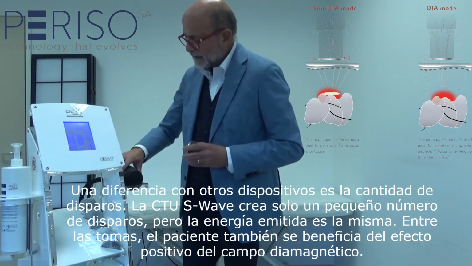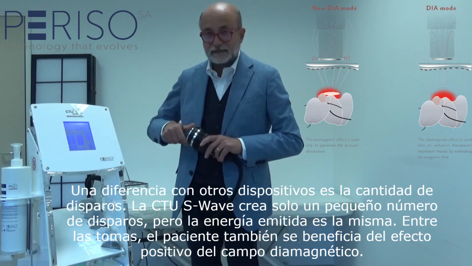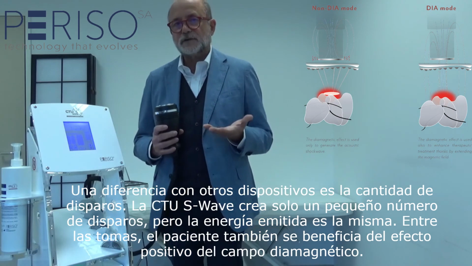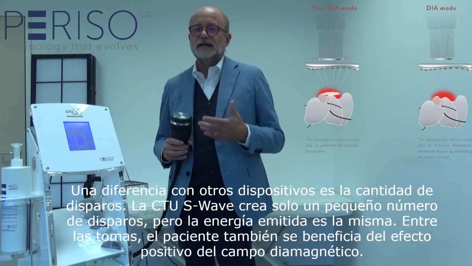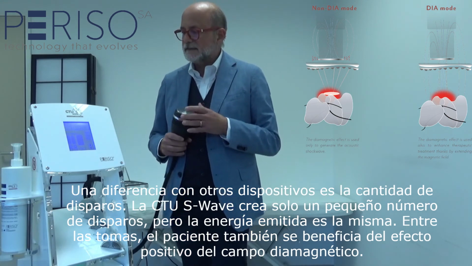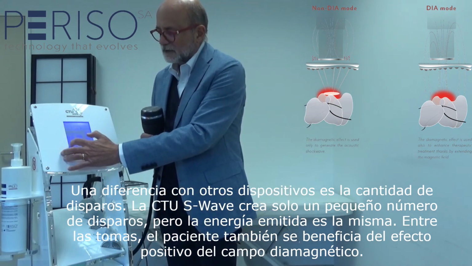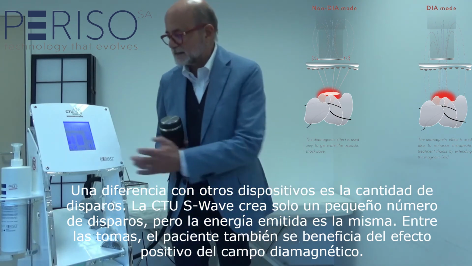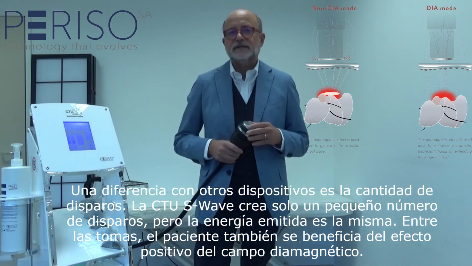Then another characteristic, different from other machines, is the number of shots. We can deliver, compared to other devices, a smaller number of shots, because we have the possibility to work with the power of the shock waves, the conventional energy flux density, and to work also with diamagnetic effects.